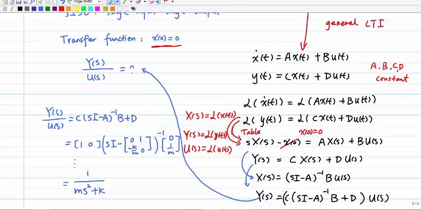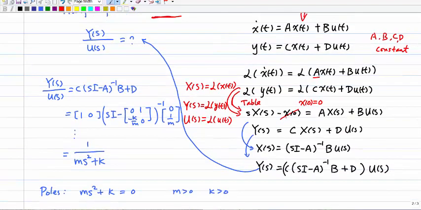The right hand side is pretty straightforward because of the linearity of the Laplace transform, so you can pull A outside: A times L of x(t), which is just X(s), so A times X(s), and B times L of u(t), which is B U(s). Similarly, applying the Laplace transform to the second equation, Y(s) is C X(s) plus D U(s). Now we can drop the initial condition because it is set to 0.